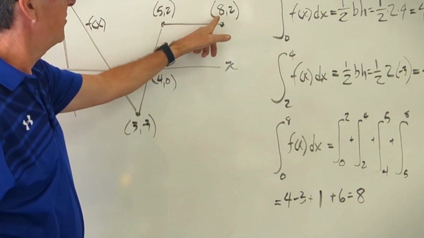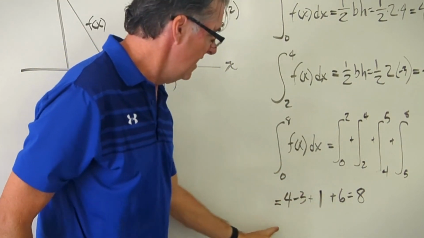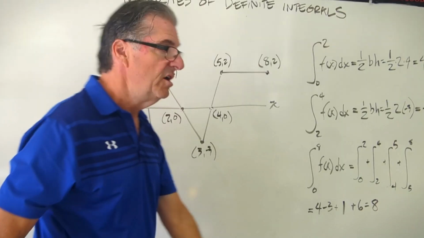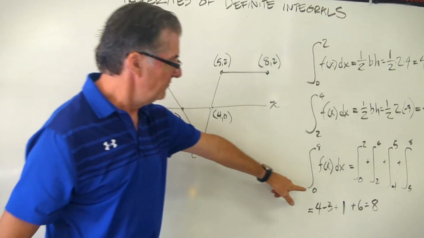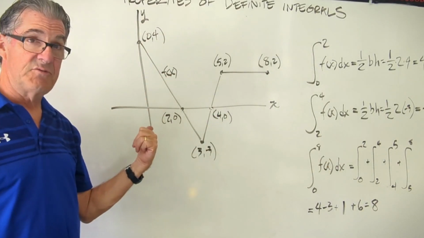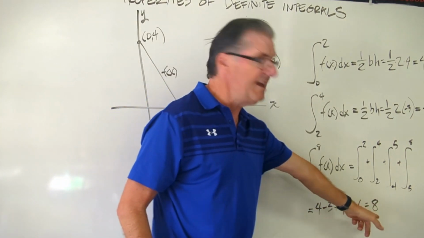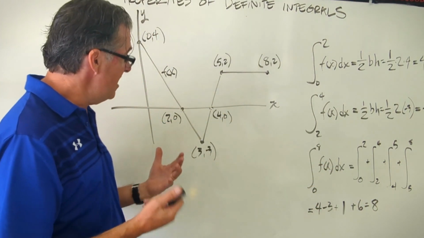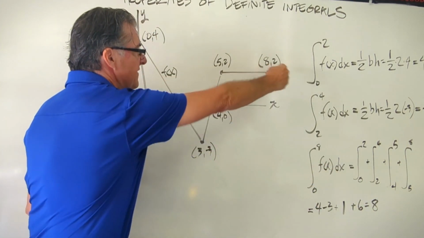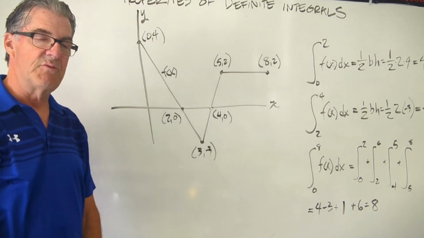So that's going to be 3 times 2, which gives me my 6. Add them all together, I've got 8. So the integral from 0 to 8 of this crazy piecewise function is 8. And that is the area beneath this wacky piecewise function.